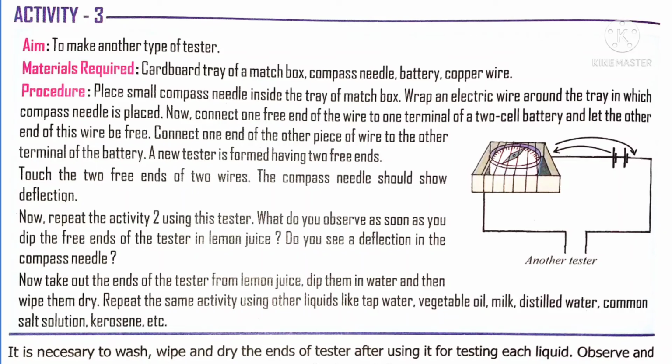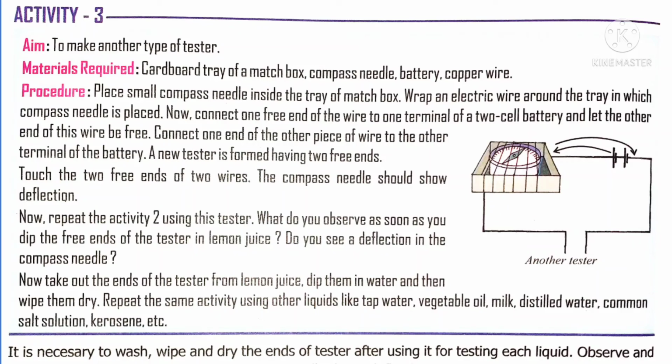If you repeat the same activity by replacing the lemon juice with tap water or milk or distilled water or kerosene, we can see no change on the needle. That means if you keep the two terminals of the wire in tap water, it does not show any deflection. That means it is a bad conductor.